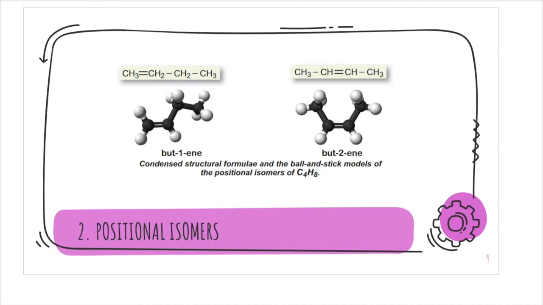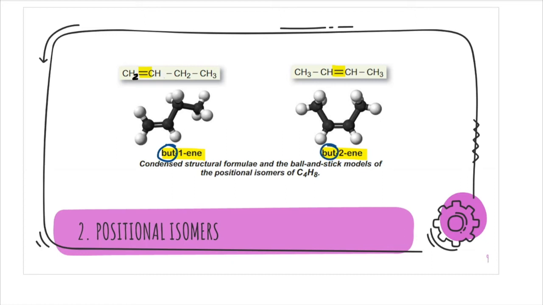Another example of positional isomers include but-1-ene and but-2-ene. These are examples of alkenes, and remember alkenes have the functional group which is a double bond between a pair of carbon atoms. When we look at the lengths of the chains, we see that they are exactly the same, and we know this most especially because of the names of the compounds.